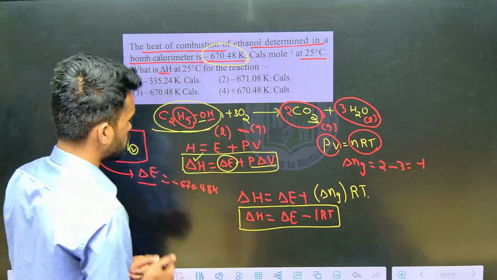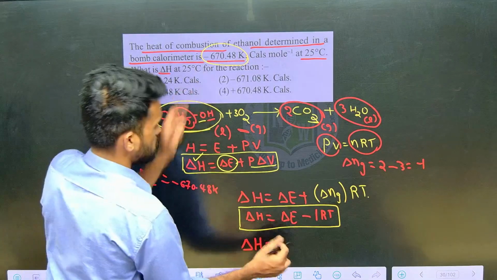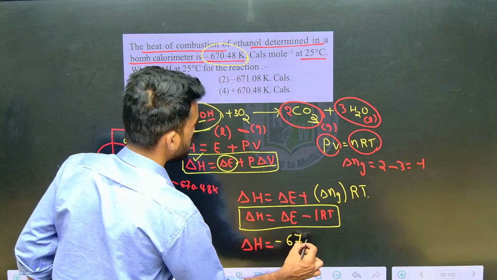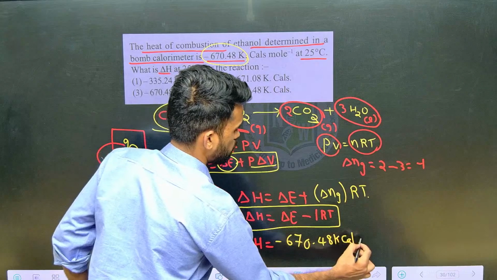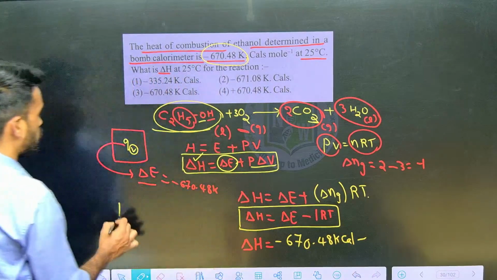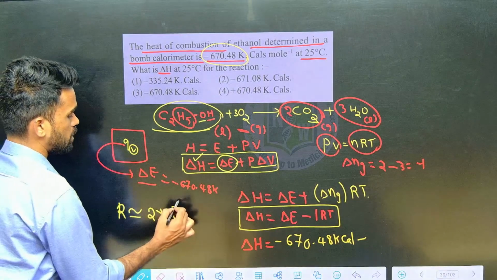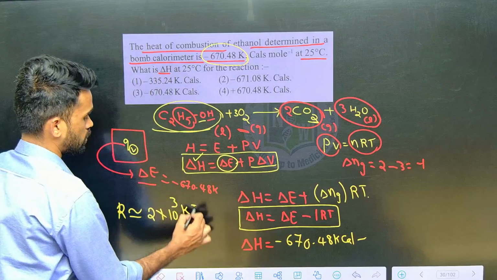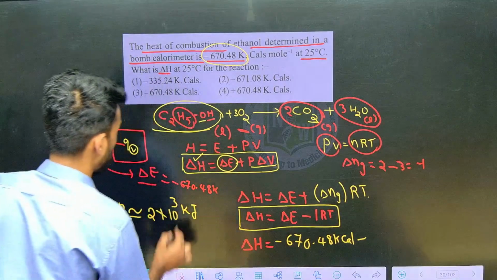What we can do is delta H equals delta E, which is minus 670.48 kilocalorie, minus R. The R value in calories you can take approximately as 2 into 10 power minus 3 kilocalorie.